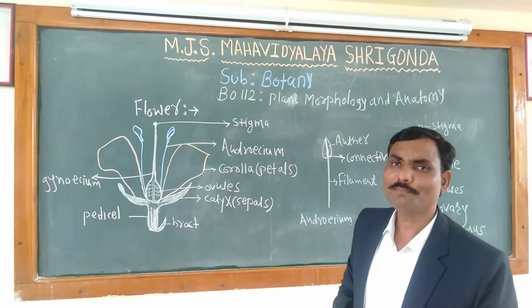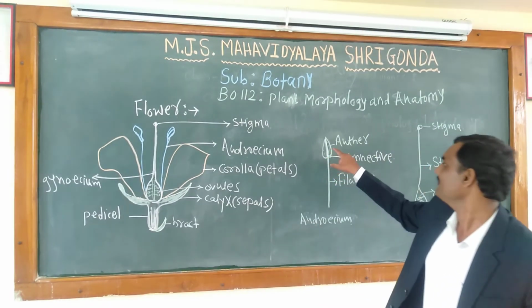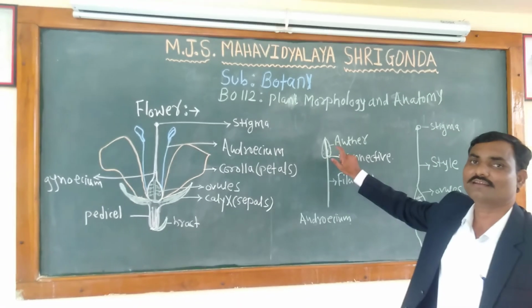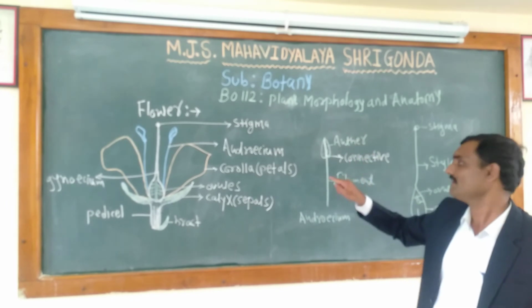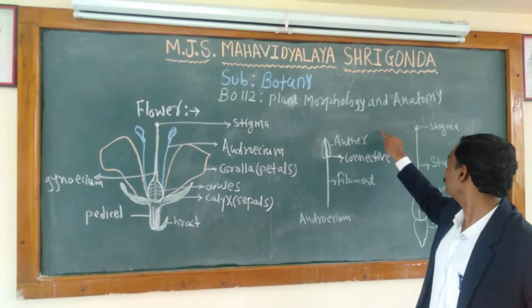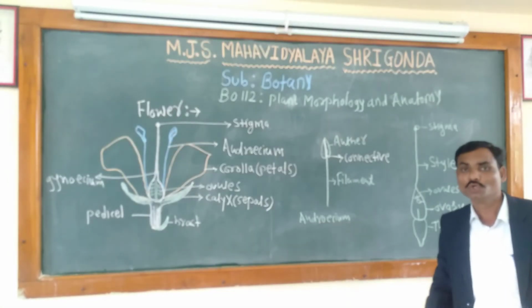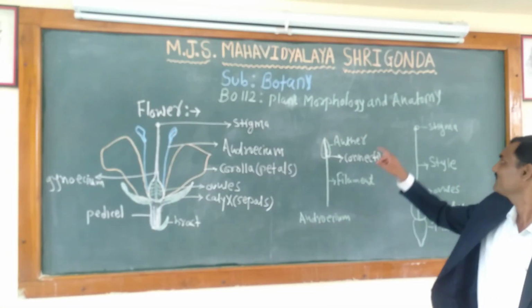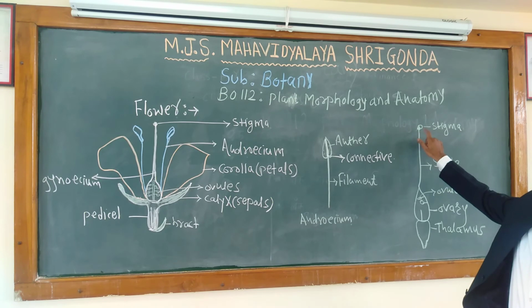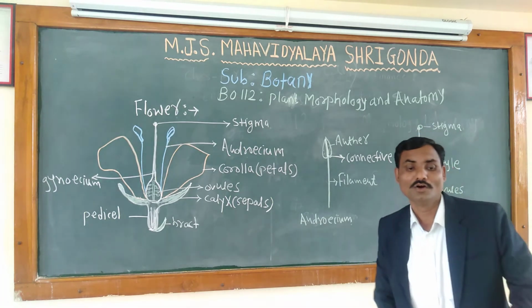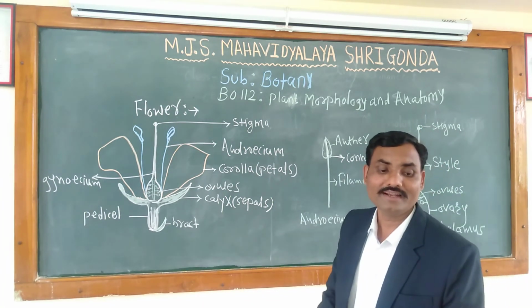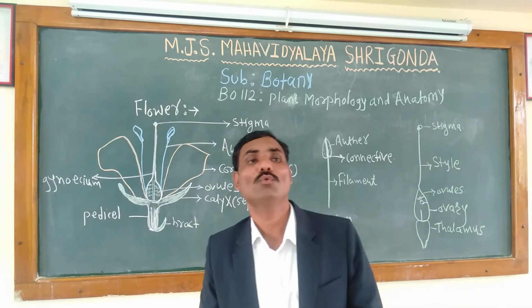The stigma receives the pollen grains. The pollen grains are in the anther, and when pollination takes place, pollen goes toward the stigma. What is the main function of the stigma? To receive the pollen grains. Dear students, see very carefully. The ovary contains one or more ovules.